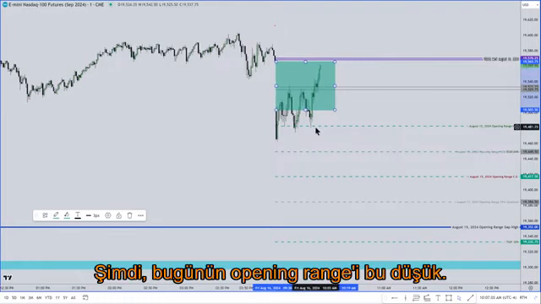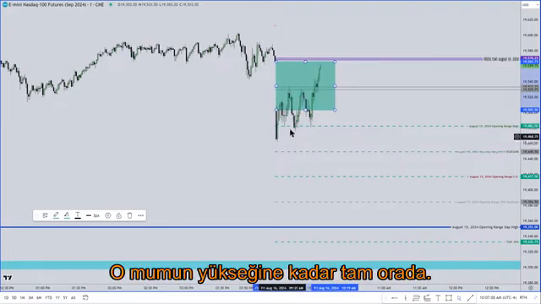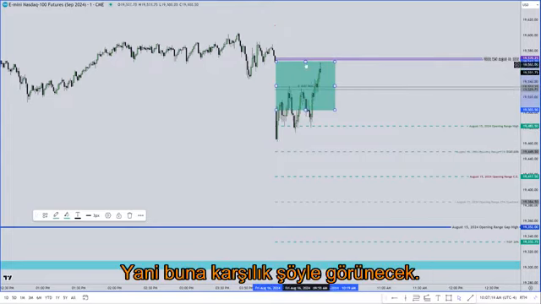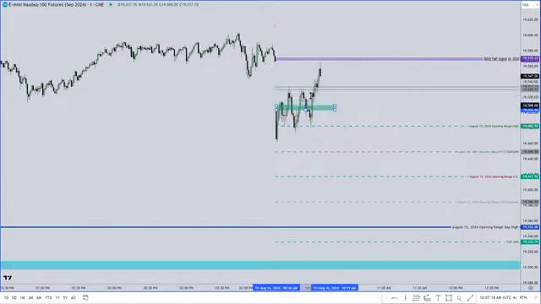Now, opening range for today is this low up to that candle's high right there. That's opening range. So that would look like this by contrast. Give me a sec.